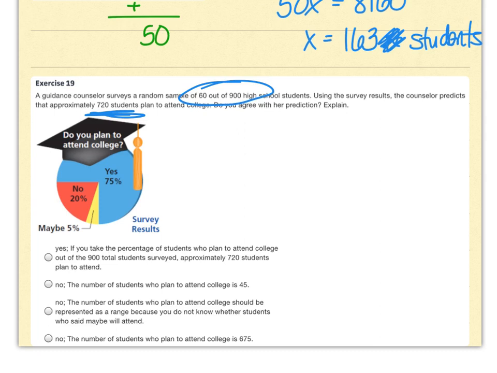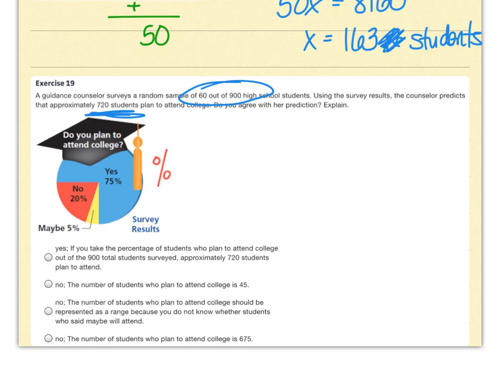Now, one thing that makes this circle chart or pie chart different, you can see they give us the percentages. They're already giving us percentages. So when it says 75 people say yes, that's not people, that's percent. It's 75% said yes. And so I'm not actually going to use a proportion for this one because it's already in percentages. Instead, I'm going to do something a little bit easier.